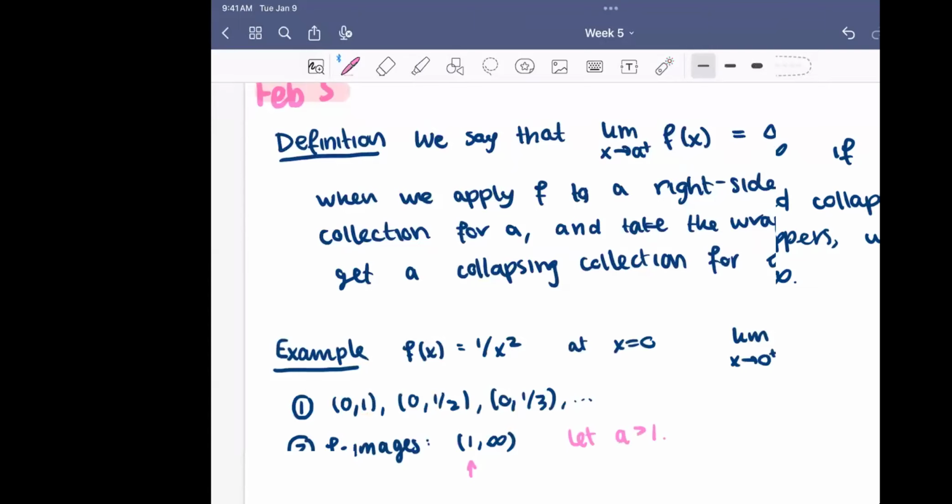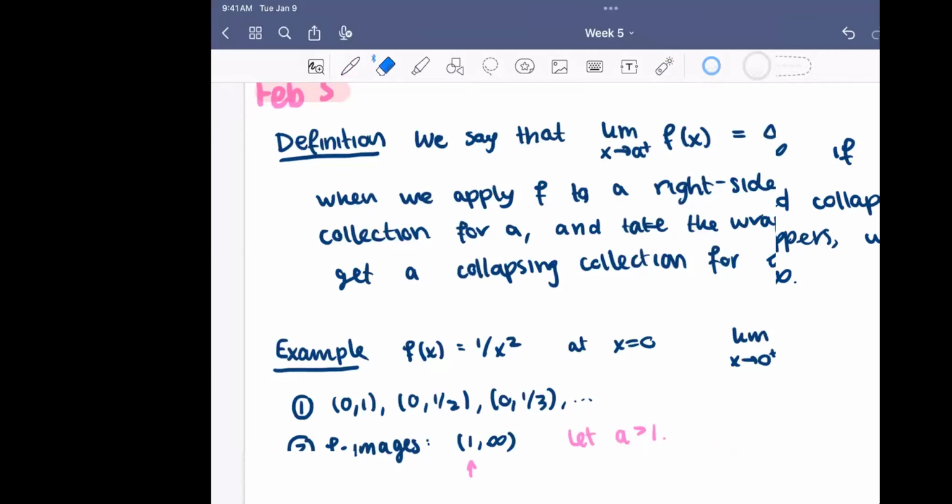So if a is greater than 1, then 1 is less than 1/a, and 1/a squared will be even less than that. So that means that if I stick this into f, sorry, I'm getting all turned around.